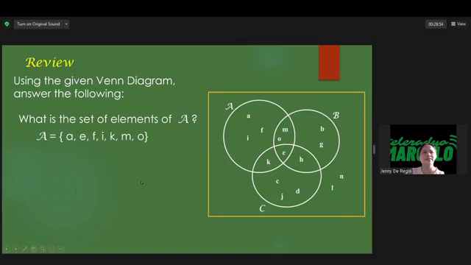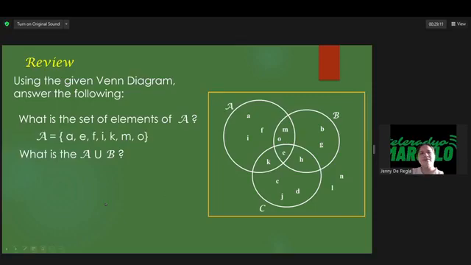Set of A union B. What is the set of elements of A union B?